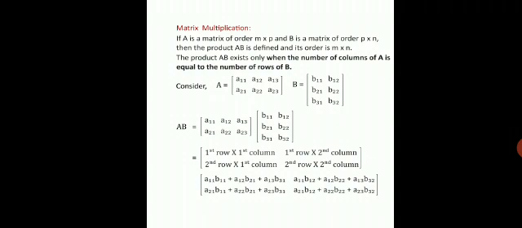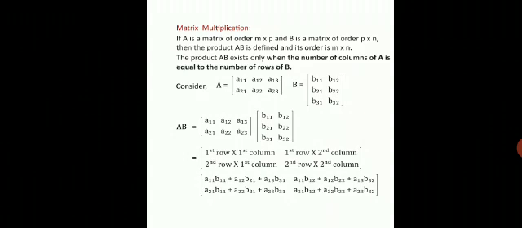Considering matrix A, it has 2 rows and 3 columns. Similarly, matrix B has 3 rows and 2 columns.